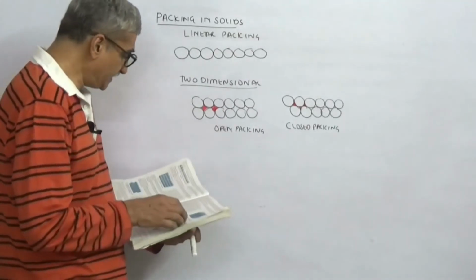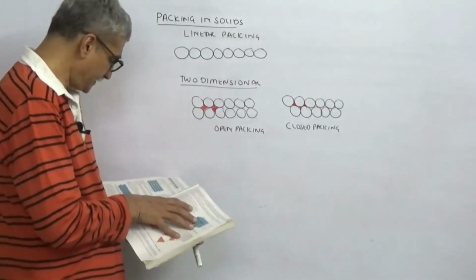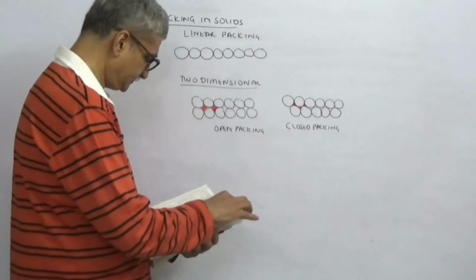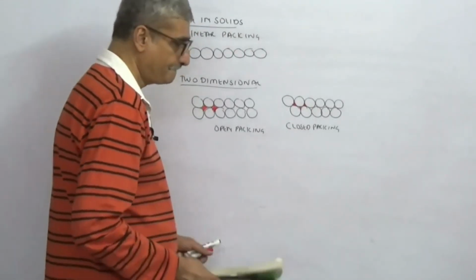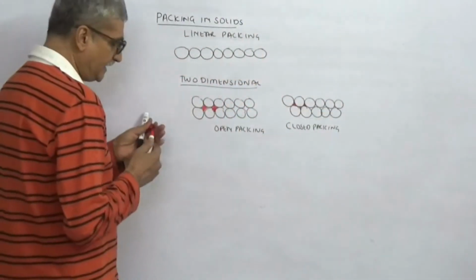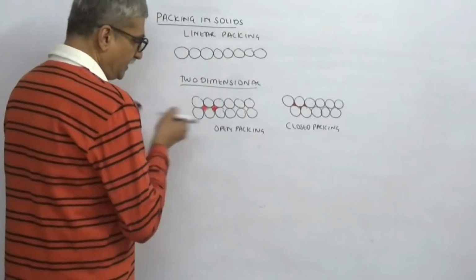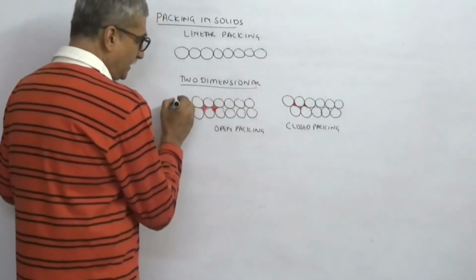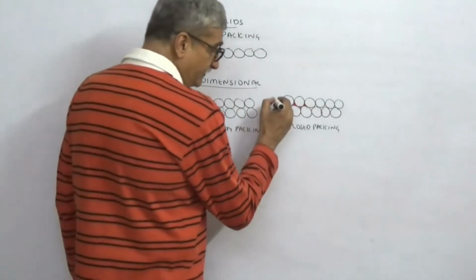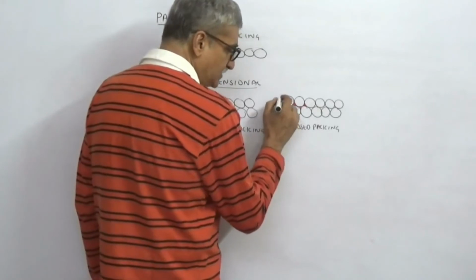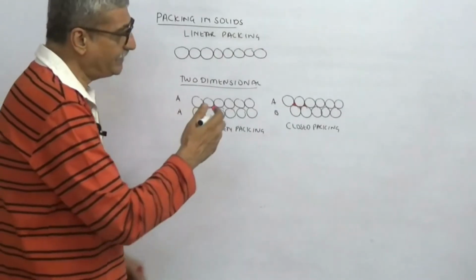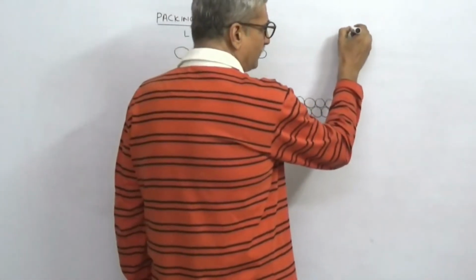Now when we talk of three dimensions, what is the three-dimensional arrangement? The arrangement can be like this. This will be called an AA arrangement. If this linear packing is called A, then this is also called A. If this linear arrangement is called A, this is called B. So this is the notation. Now, when we go to a three-dimensional structure, what are the possibilities?